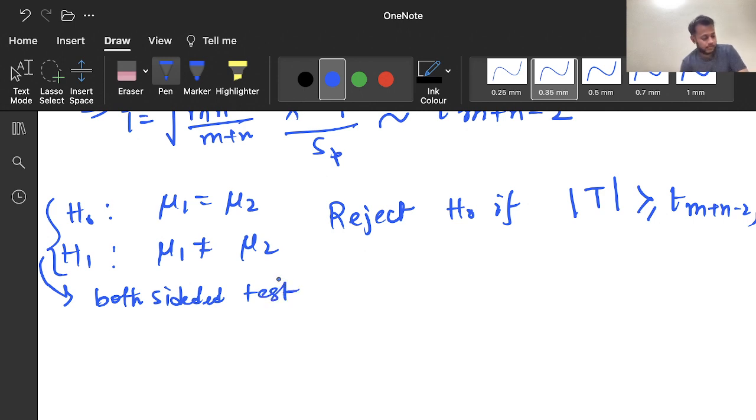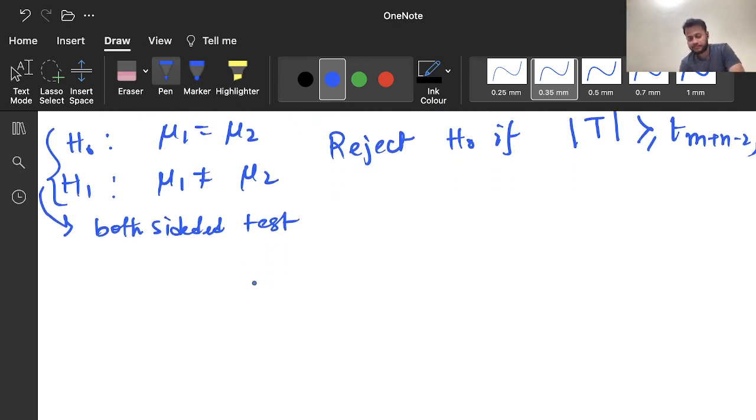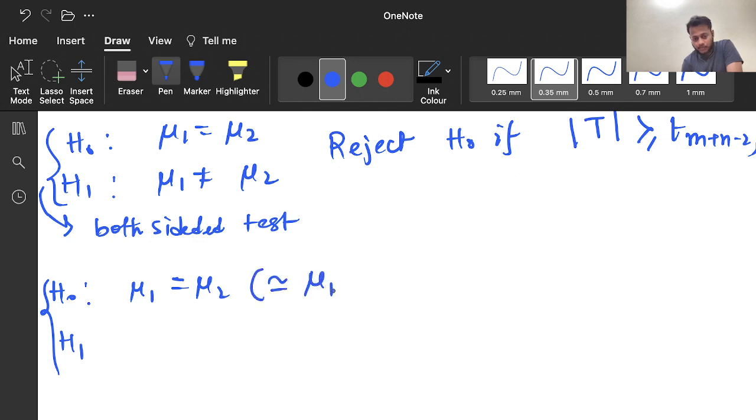Now let's discuss the one-sided test. There will be two one-sided tests. One is H0: mu1 less than or equal to mu2, and here the alternative hypothesis is mu1 greater than mu2.